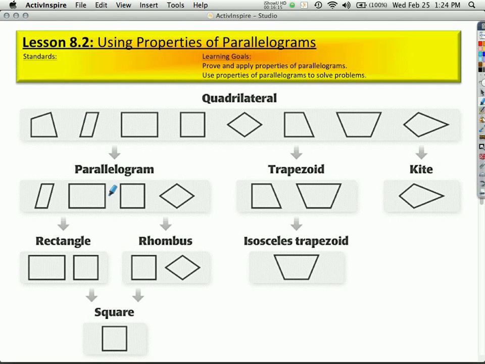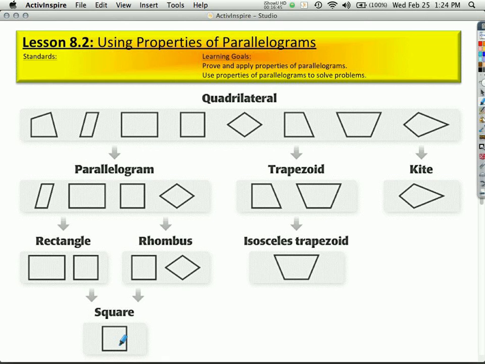But then you see we've got basically three different branches. And which branch is by far the biggest? Parallelogram branch. So you can see that the parallelogram leads to these other major, incredibly important ideas. The parallelogram becomes the foundation for a whole bunch of other ideas. So we're going to be spending some time on it so that when we move to these other ideas it makes perfect sense. Okay?